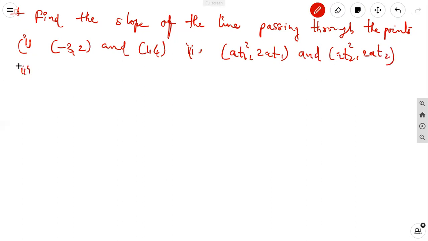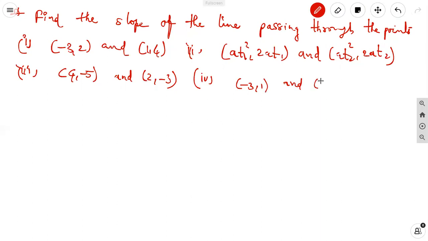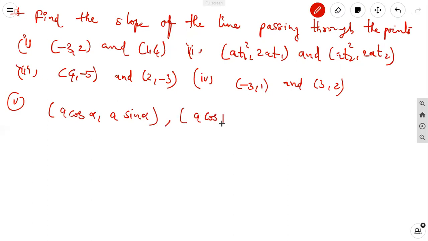Third one, 4 comma minus 5 and 2 comma minus 3. Fourth one, minus 3 comma 1 and 3 comma 2. Fifth one, a cos alpha, a sin alpha. Another point is a cos beta, a sin beta.